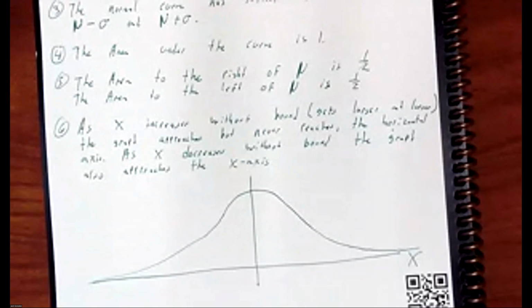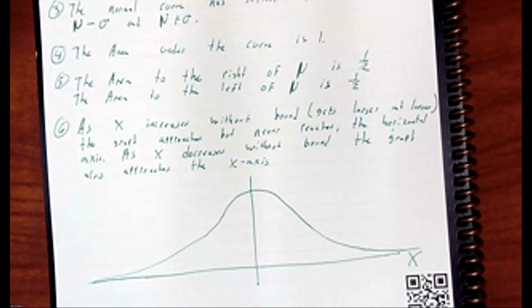Same thing as the weight goes way over here, or height or whatever. It becomes unlikely. Maybe there's one person that weighs 1 pound out there, I don't know. But it's unlikely. Does that make sense? Okay.